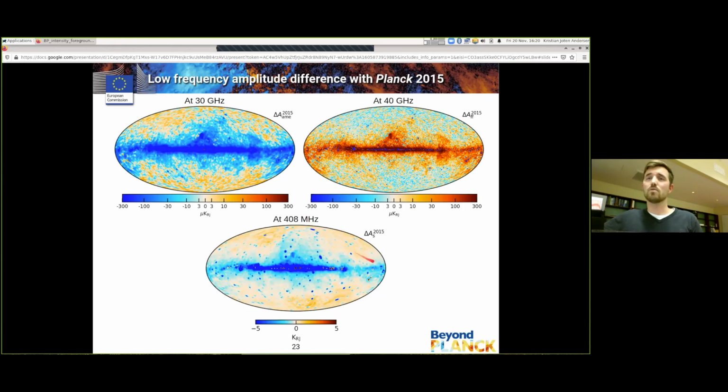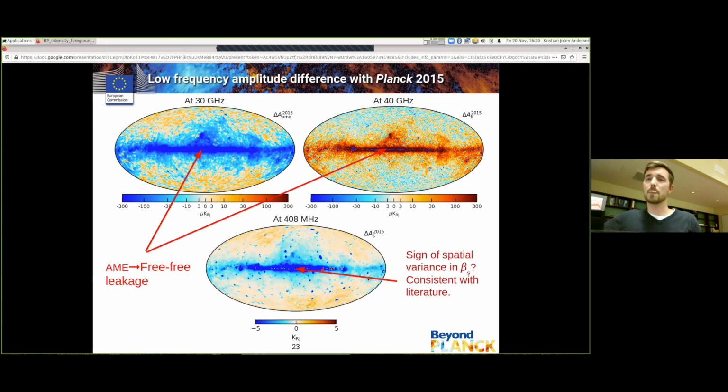In the case of synchrotron, we see that we have a really strongly blue galactic plane, and this might be because there's a difference in the spectral index between the two.